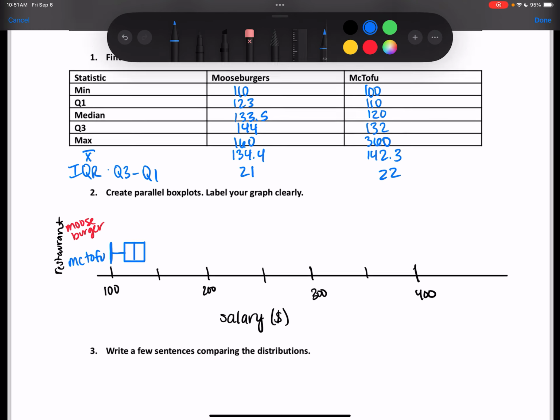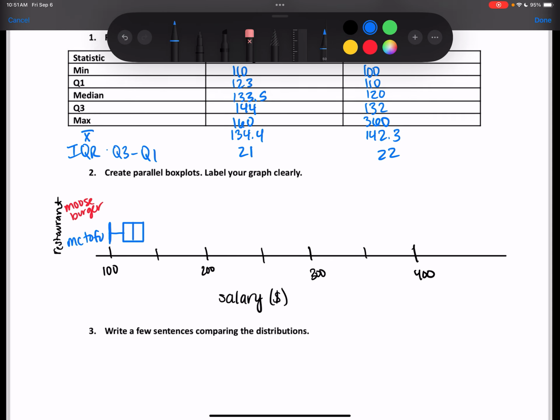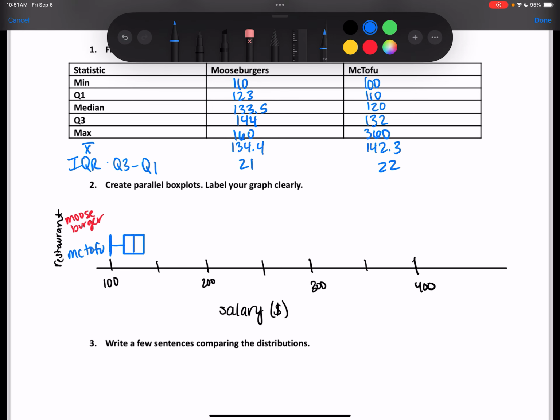Now I'm gonna go down here and write in find the outliers for McTofu. So I'm gonna do Q3, so that's 132 plus 1.5 times, we already found our IQR is 22. Y'all have to multiply that and tell me what it is.